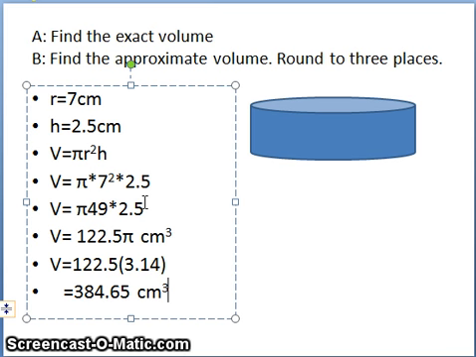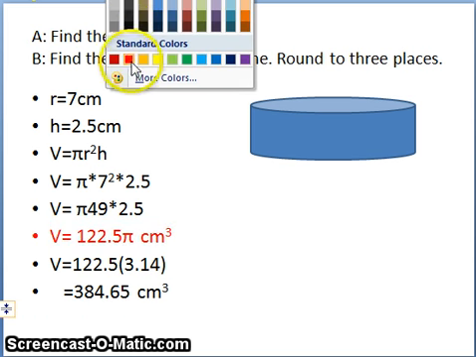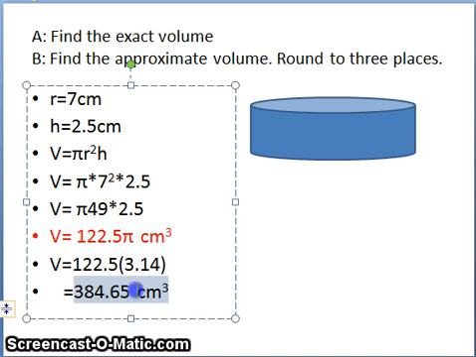I can just leave it like this because there is nothing more. So that's good. This is the answer for part A, and this right here is the answer for part B.